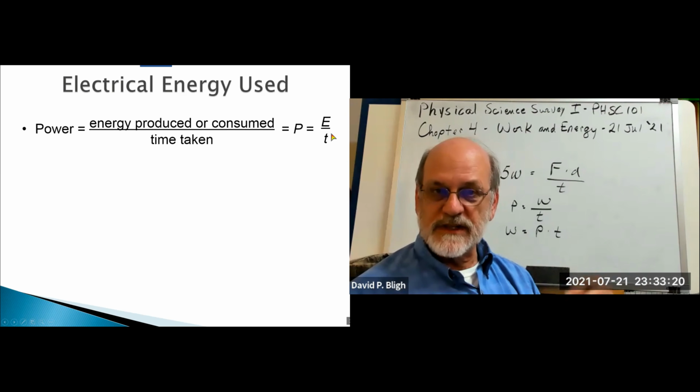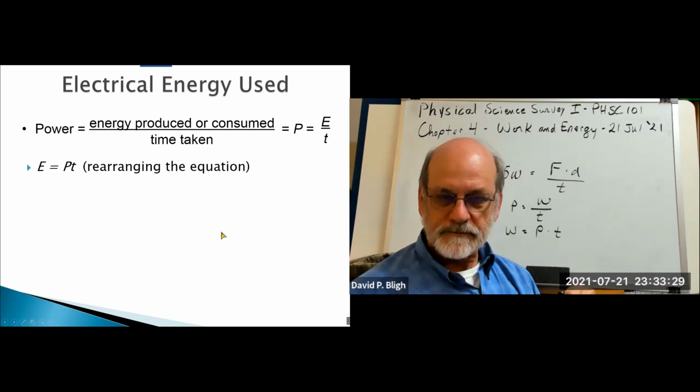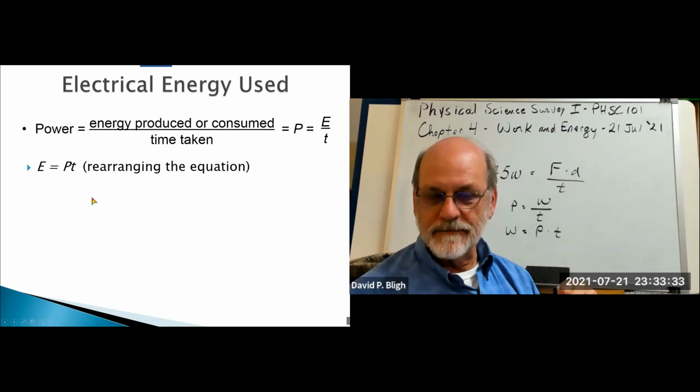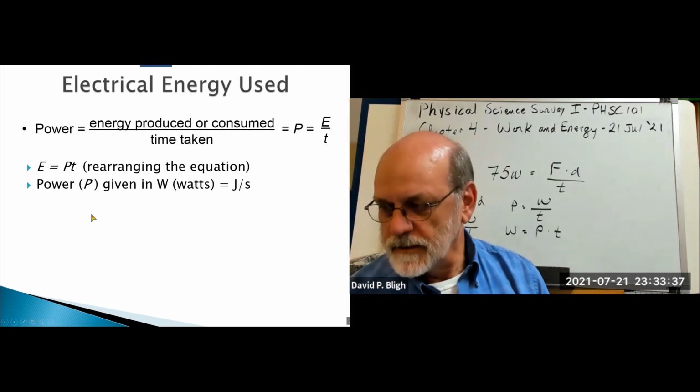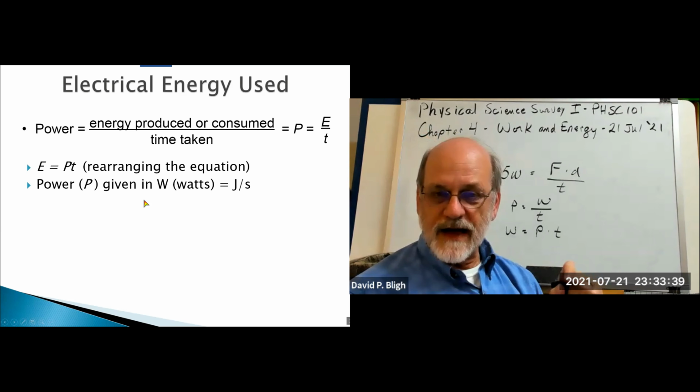So we can look at the potential for the electrical energy based upon how much energy is expended in a certain amount of time. So now we have energy equals power times time. And if we substitute values here for power and time, we have watts.